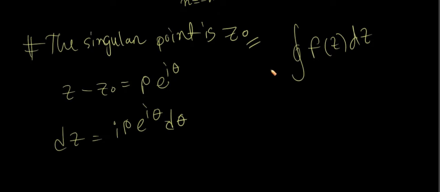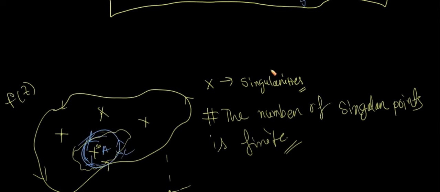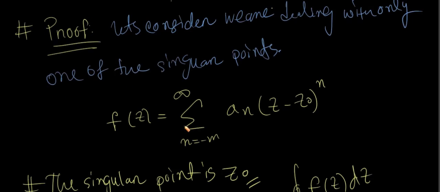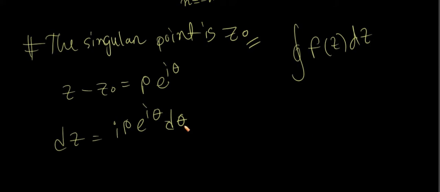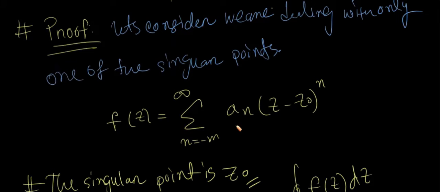Also, I'm going to assume that this singular point is a pole of order m, because if you recall from your Laurent series expansion, the lowest order, that is the starting point, is just the order of the pole itself.